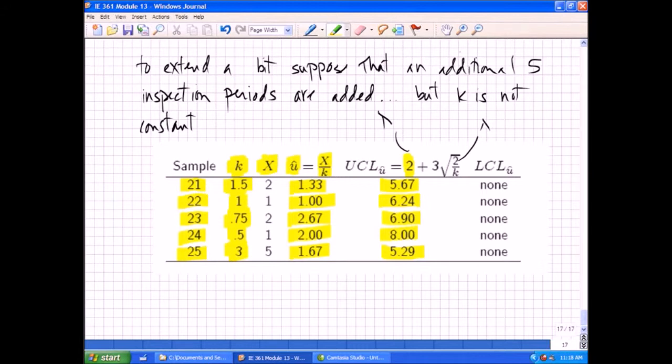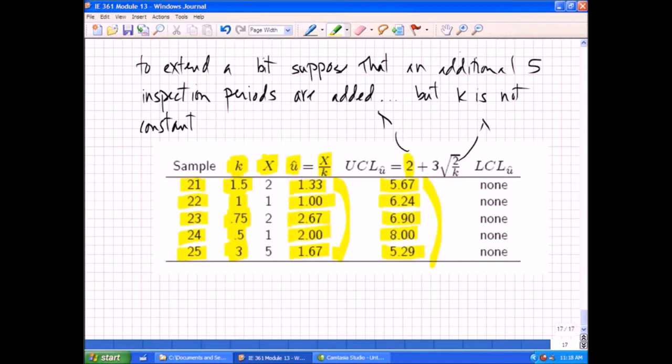It's these that are then applied to those u hat values, and once again, if you apply that upper control limit to those values of u hat, you get no evidence of a process change.